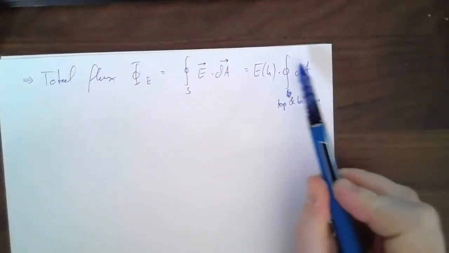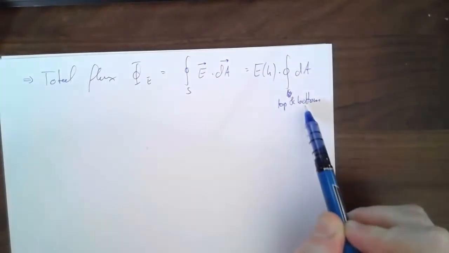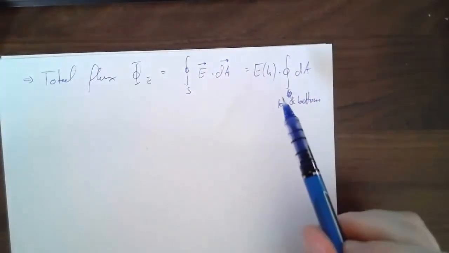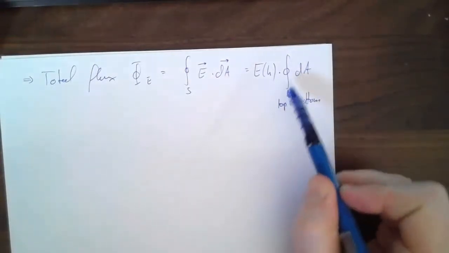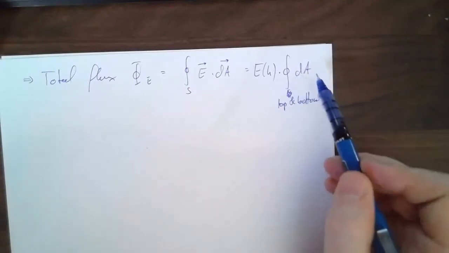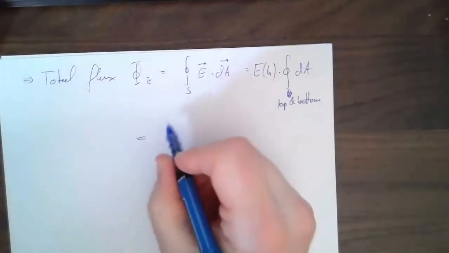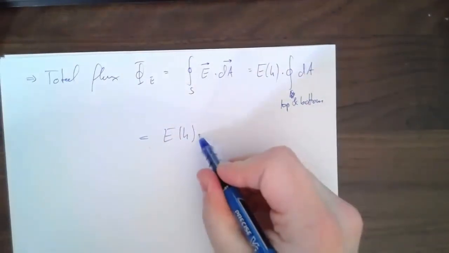Okay, so I hope you're clear why this flux ends up being this, where we just sum over the top and bottom now. If not, pause the video, take a moment to think about it. So what is this area? This is just the integral, meaning the sum over the individual area bits. Well, that is just the area.